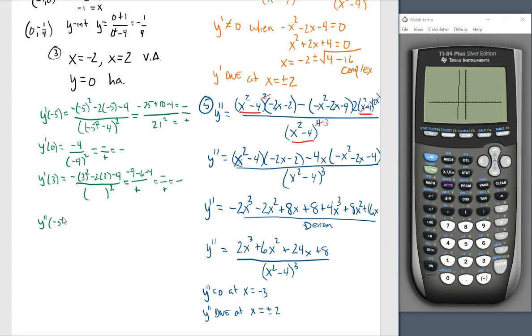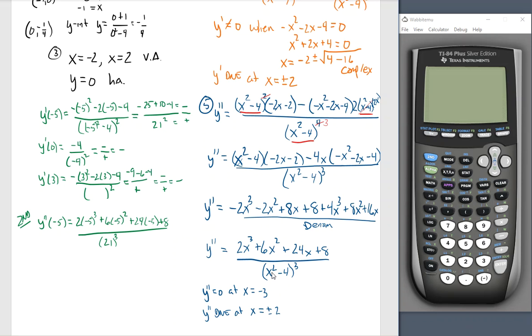Something less than negative 3, I'm going to use negative 5 again. In our second derivative, ugly, 2 times negative 5 cubed plus 6 times negative 5 squared plus 24 times negative 5 plus 8, all over 21 cubed.